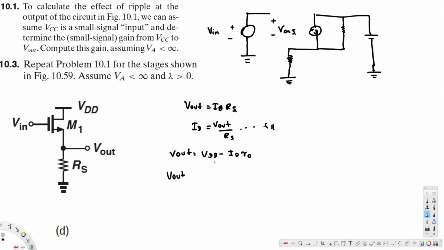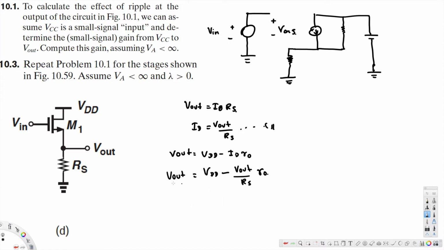Vout is equal to VDD minus ID times RO, and here ID we have an equation derived, so we can use that one right here. This is going to be VDD minus, instead of ID I plug this one, so this is going to be just Vout over RS times RO.